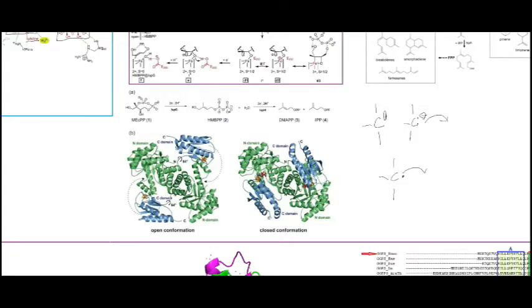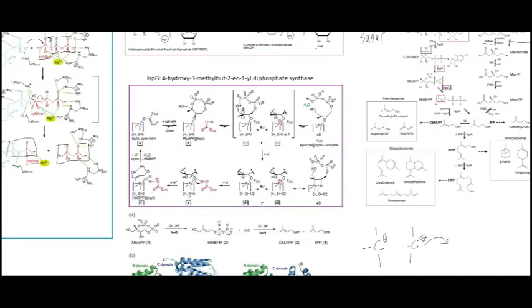And so I actually have this image here as well. This is the proposed mechanism here. And so we start here at A with our ferredoxin, and it's coordinated with this glutamate side chain here.